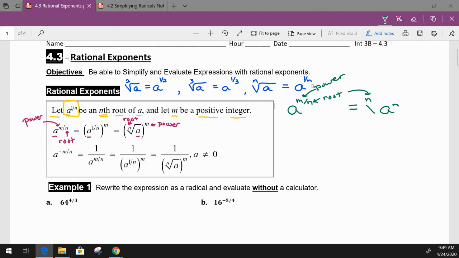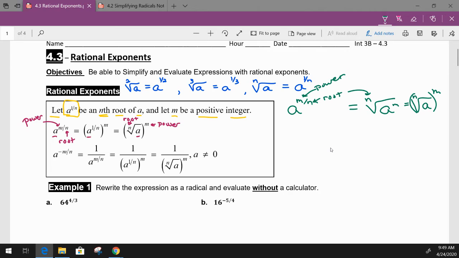Let me make this a little bit smaller. So you could write the power right here, but you could also put this in parentheses and put the power on the outside. So all three of these expressions are equivalent.